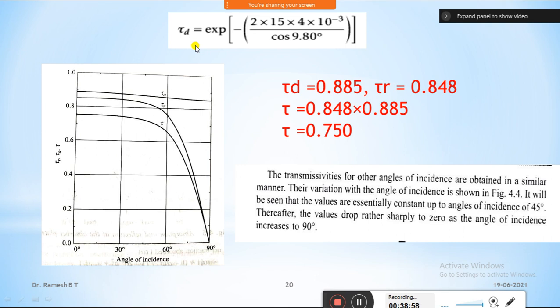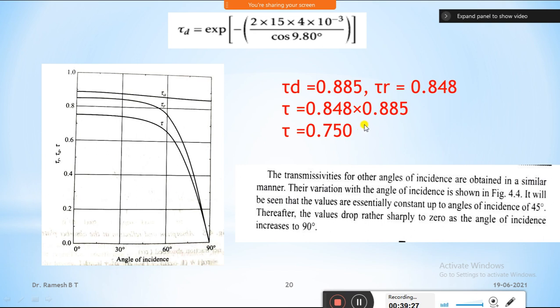Here tau c is the thickness, which is already given in the problem, and we already have the theta 2 value. If we substitute, finally we get tau a or tau d, both are the same, the transmissivity of the absorber plate, which is 0.885.